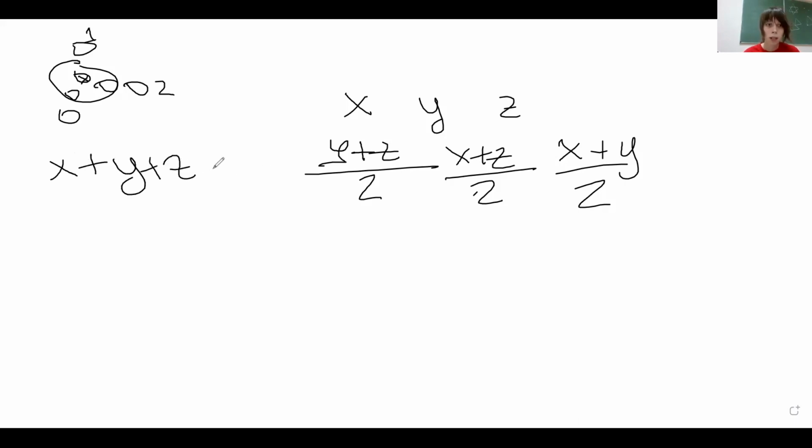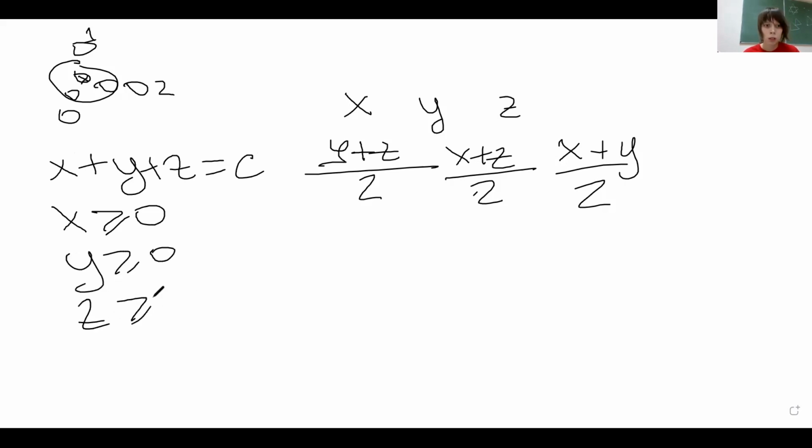So X plus Y plus Z equals some constant. And of course, each kid has greater or equal to 0 amount of porridge. So X, Y, and Z are all greater than or equal to 0.